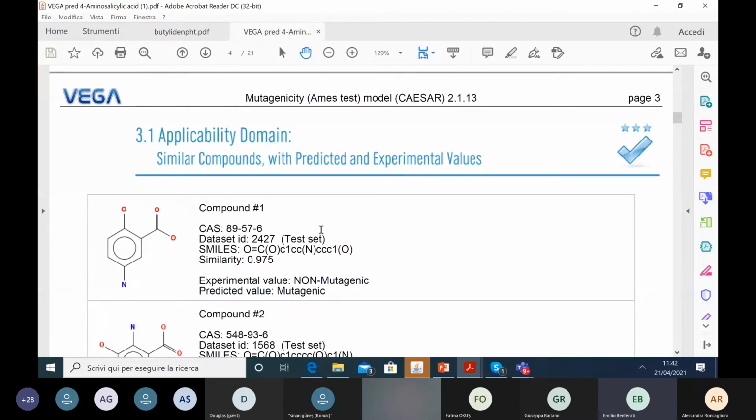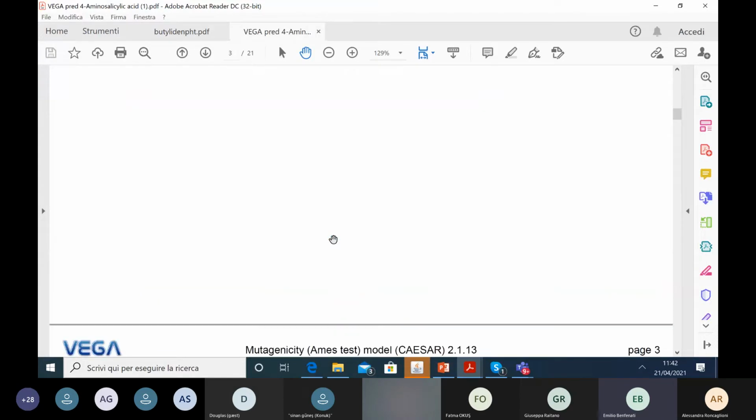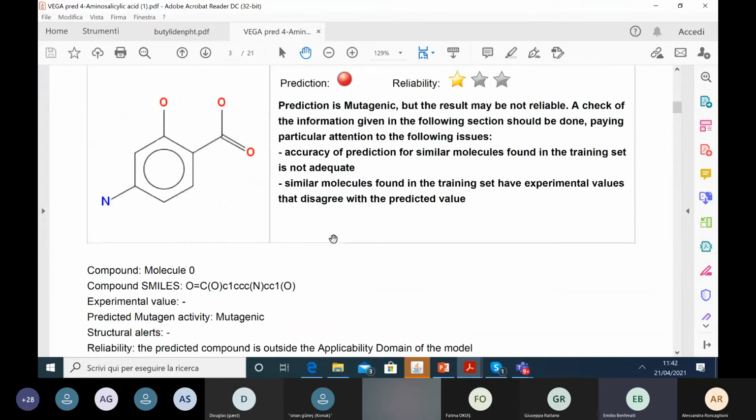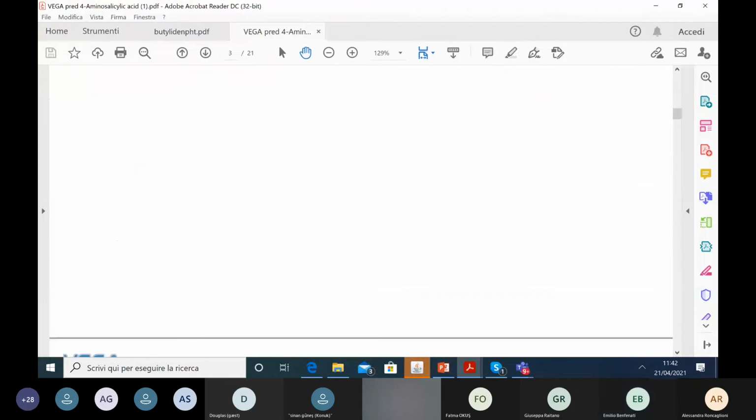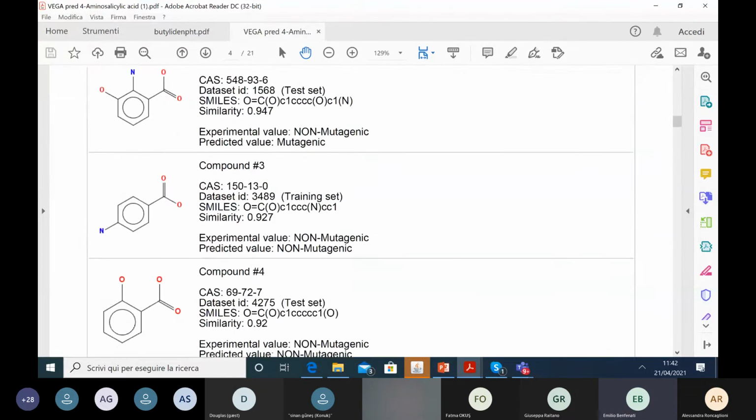So maybe the amino in para means toxicity. You may have this question. No, the answer is no. Even in case of the amino in para, the chemical experimental is non-toxic.